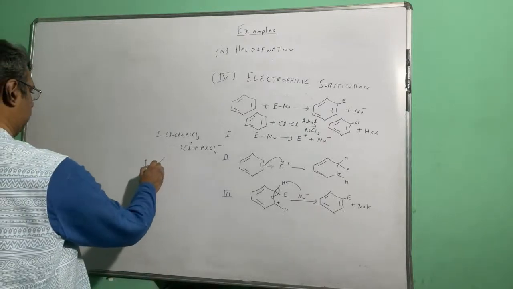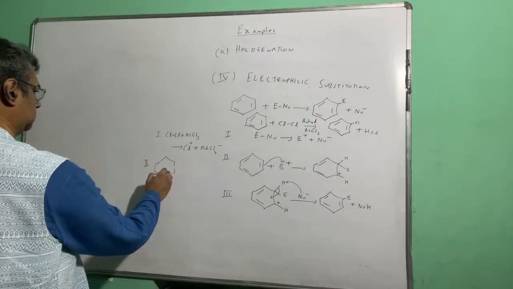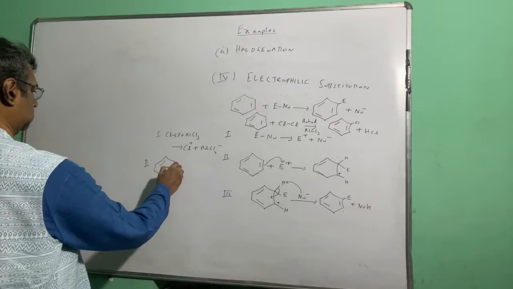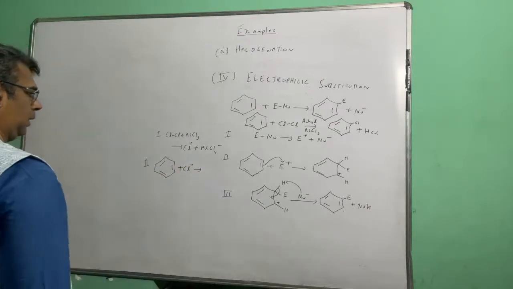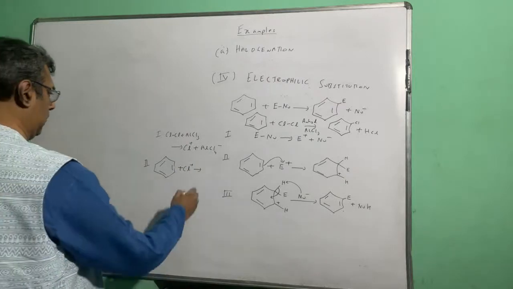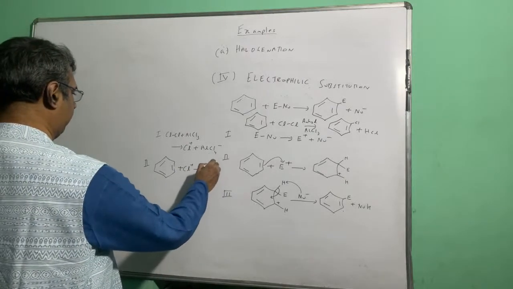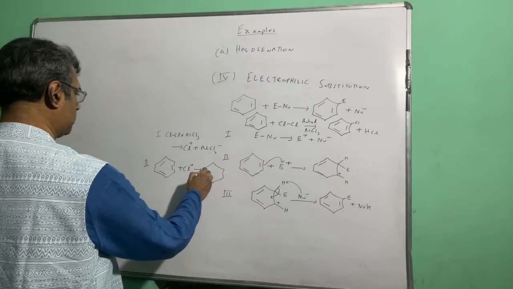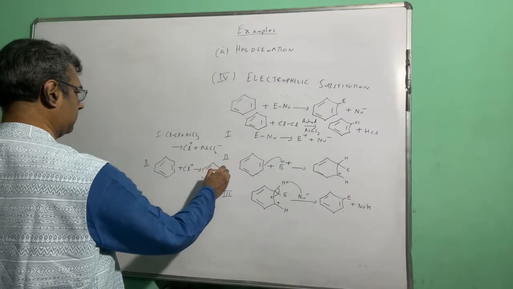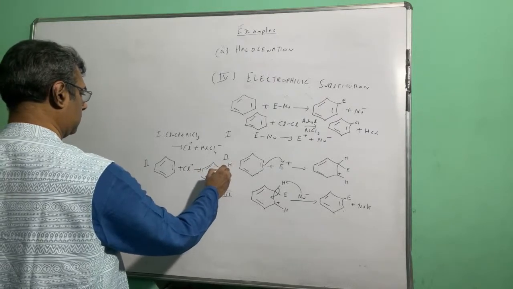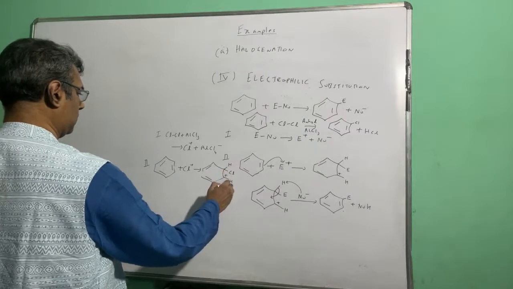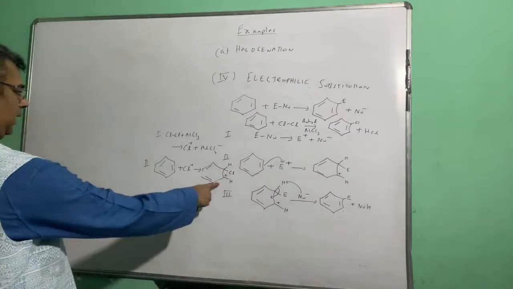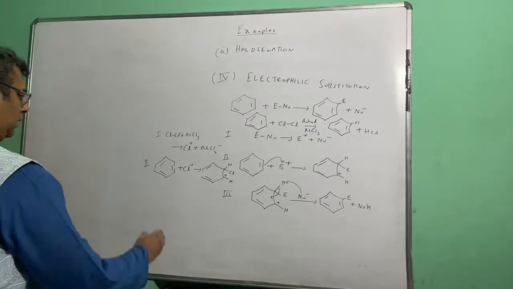The second step, the electrophile is attacking now. So Cl plus will attack and you will get this carbocation.